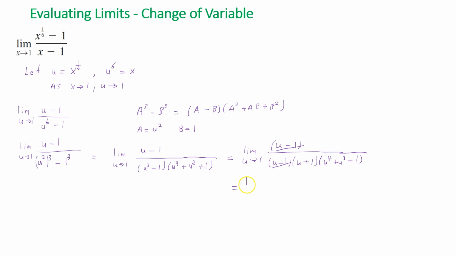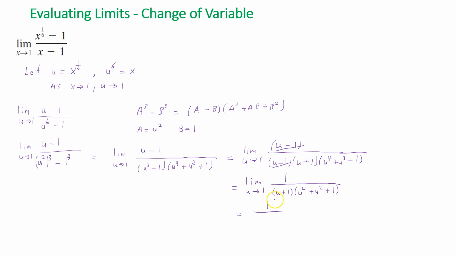And what we're going to get is the limit as u approaches 1 of 1 over (u plus 1) times (u to the power of 4 plus u squared plus 1). And now we can try direct substitution. So if we try direct substitution in this case, we're going to have 1 on top.